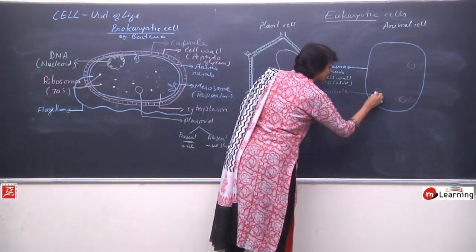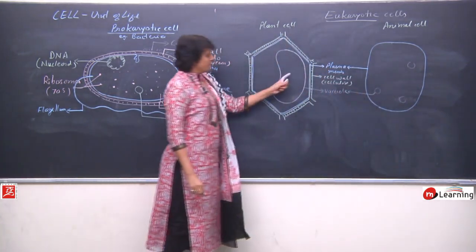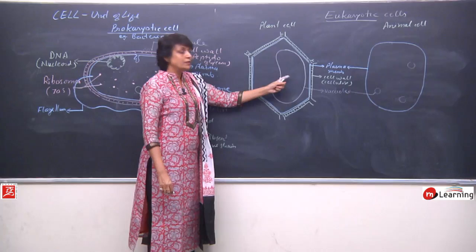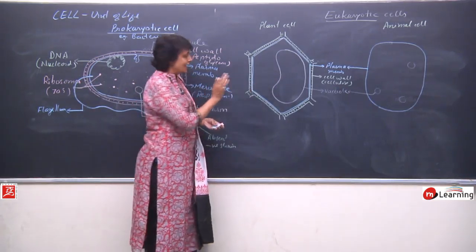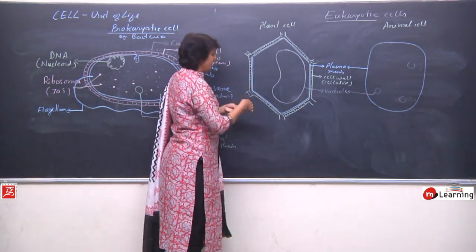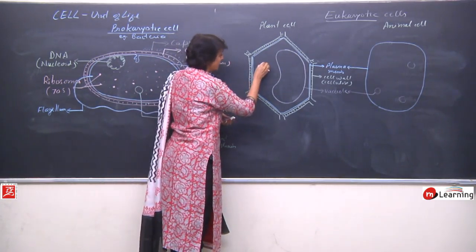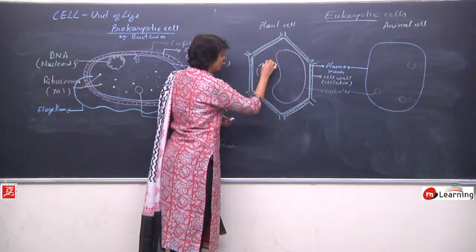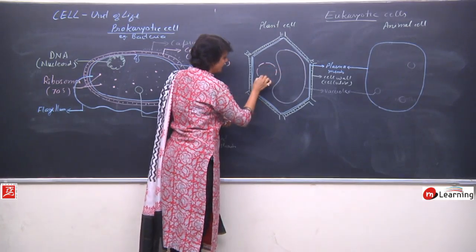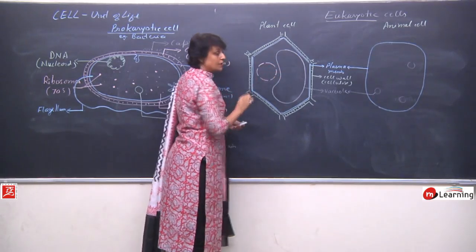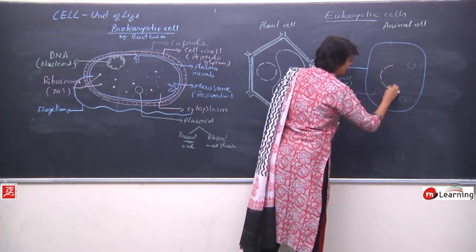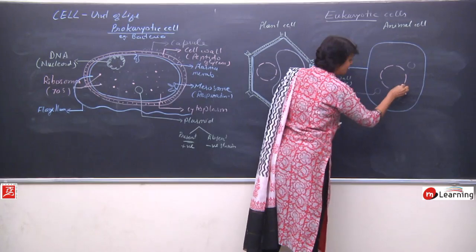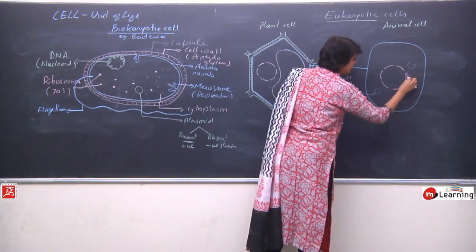Because of this large vacuole in a plant cell, the nucleus gets shifted to one side, whereas in case of animal cell, this nucleus is normally centrally placed. It is large and is centrally placed.